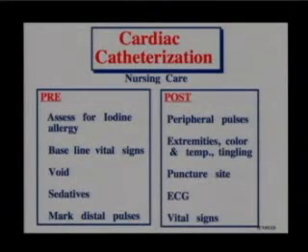Now, after the procedure, whenever you've entered into a large vessel, there are two things that we're most concerned about. There could be bleeding at the puncture site. So you need to assess the puncture site for hematoma formation or evidence of bleeding. The other big issue is that a clot could form inside the blood vessel.